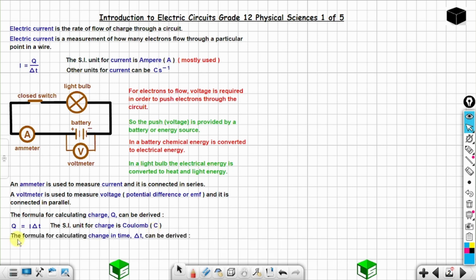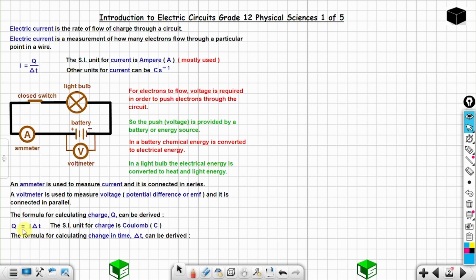Okay, the formula for calculating change in time can be derived using this or this. Using this, what you can do is divide by current on both sides.